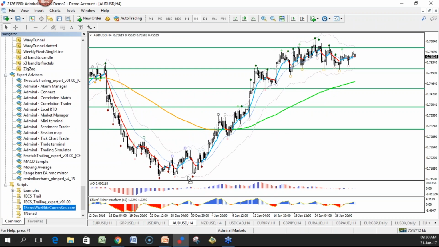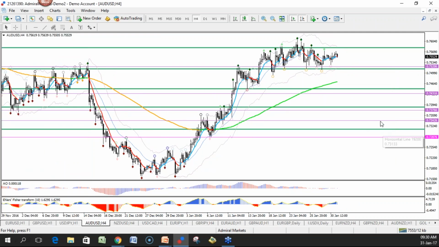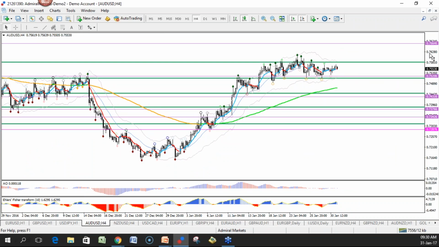Let me put the Fibonacci sequence levels on. Yeah, a break there could see a continuation up to that fifth level.